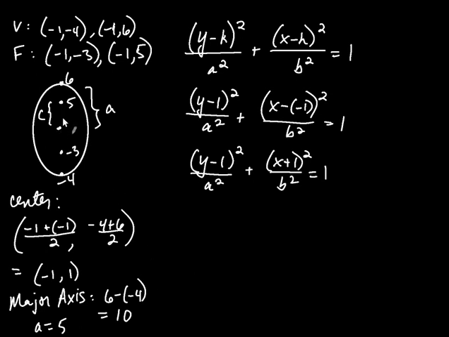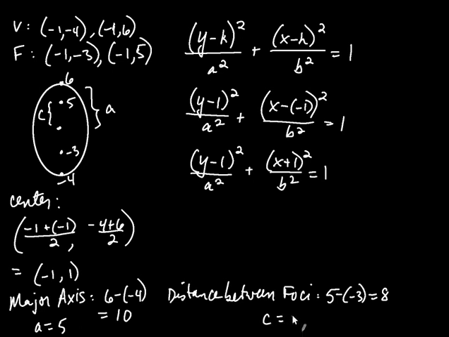Let's write that down. Distance between the foci: I found that to be 5 take away -3, and I got 8. But half that distance, which is c, is 4.